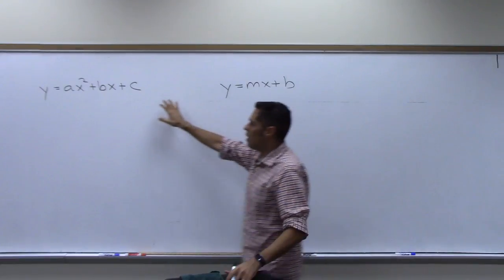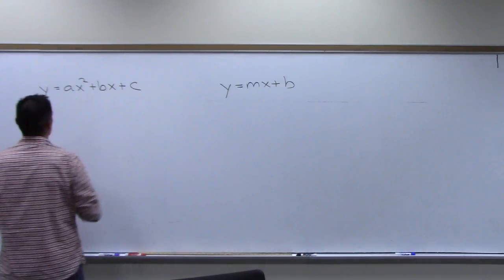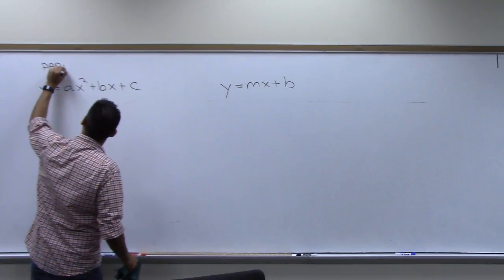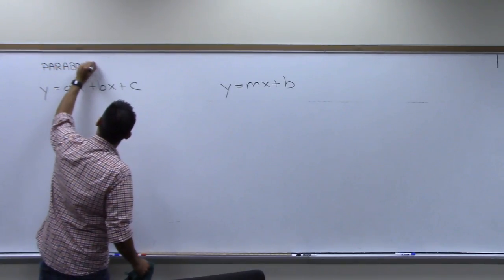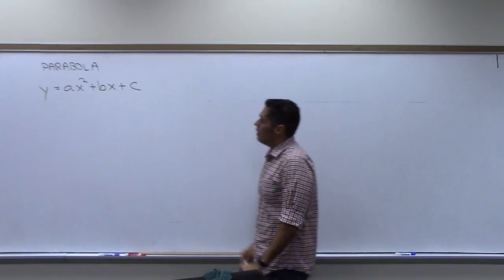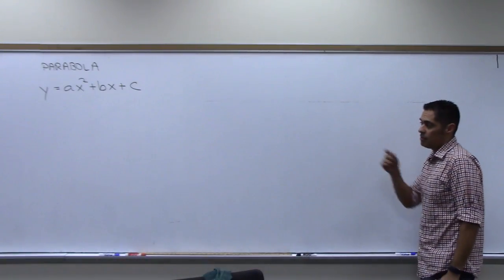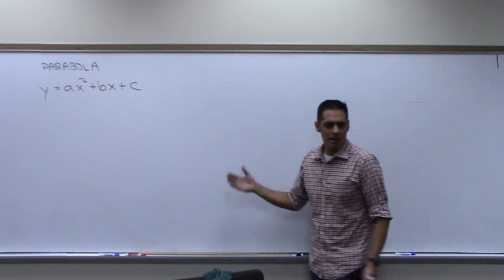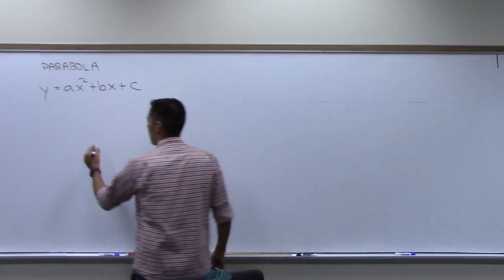Now we have a new equation. Here it is, and this is a quadratic function or a parabola. And if I graph this, it's not going to look like a line, right? It's going to look like this thing I just showed you.